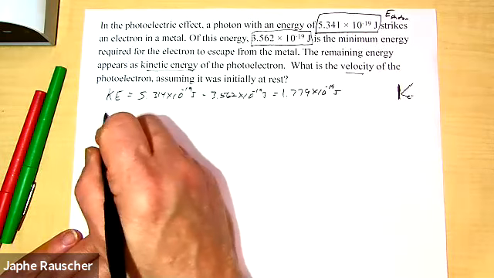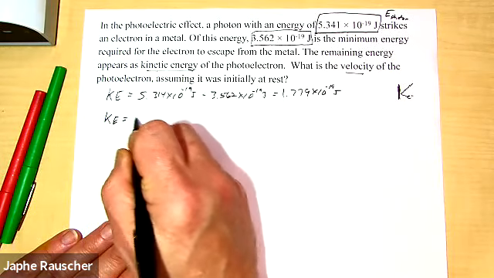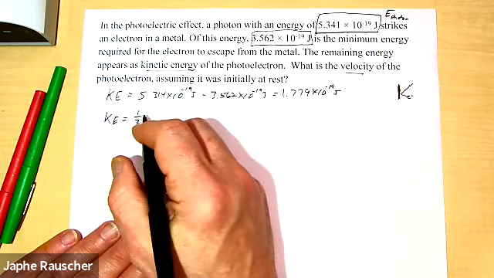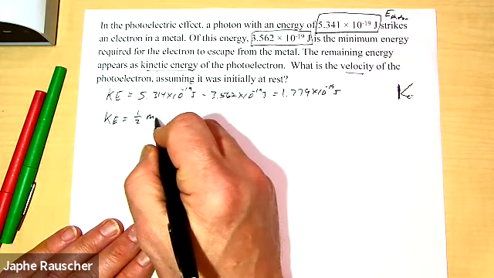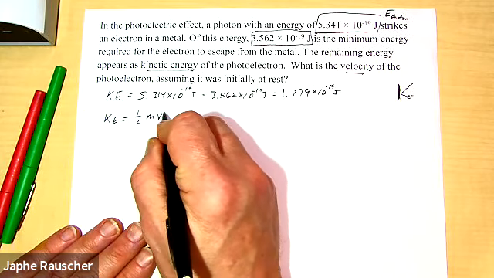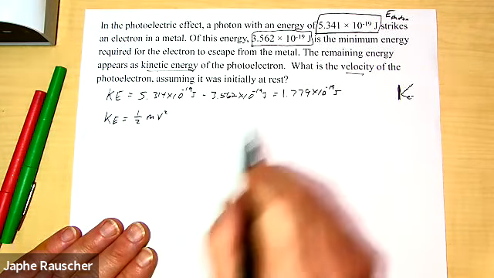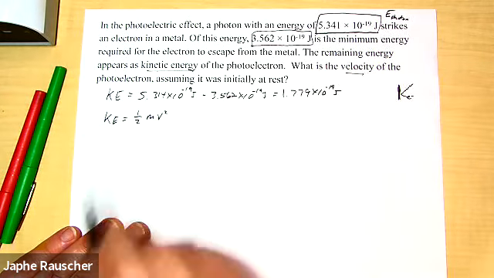And we have this formula that says that kinetic energy is equal to 1/2 times the mass times the velocity squared. Well, we're trying to find the velocity. We want to find this guy.